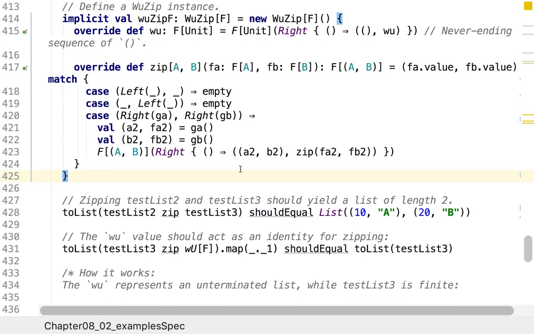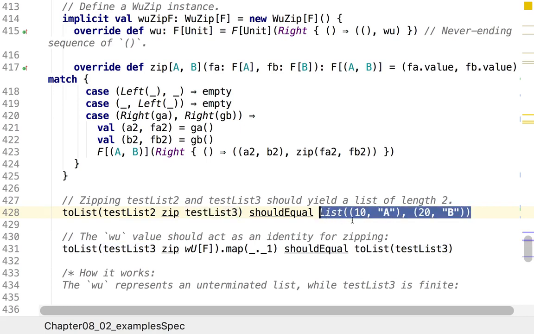So this is a typical implementation of a zip of two lists, except that we need to dance around with these function calls. We have these functions and we need to match in a different way and so on. But other than that, it's the same. And so zipping a list of 2 elements with a list of 3 elements cuts this list of 3 elements to length 2 and gives you this as a result. So this is a standard behavior of the zip method on lists.